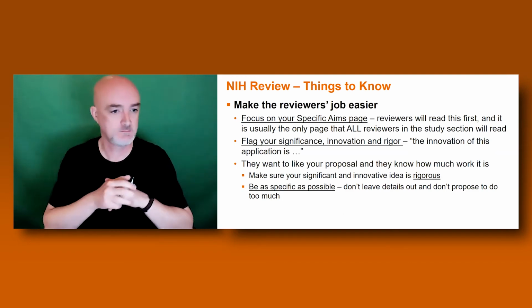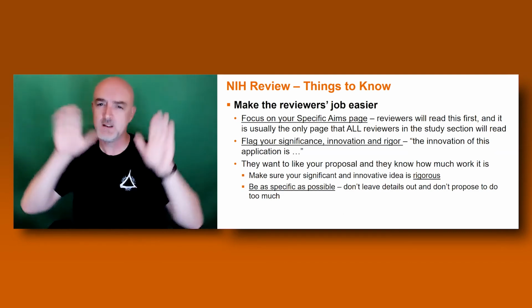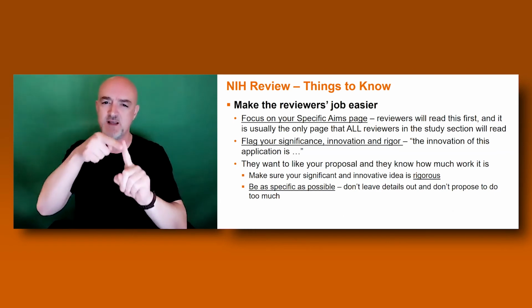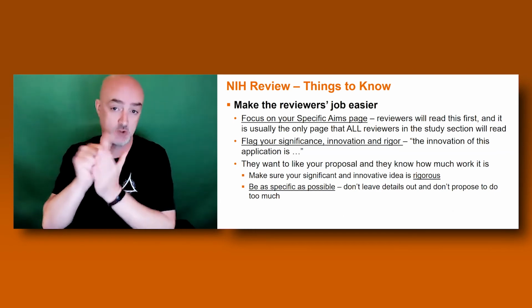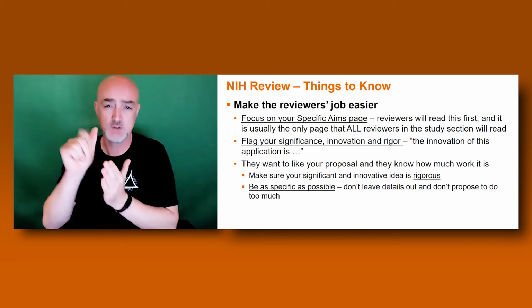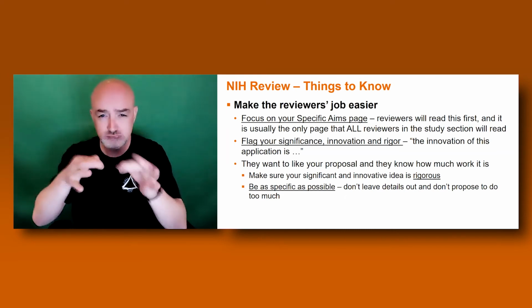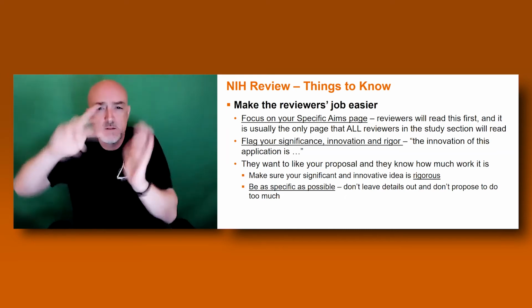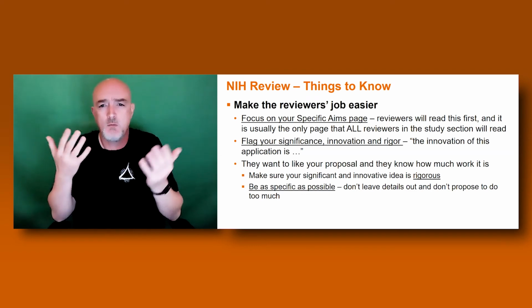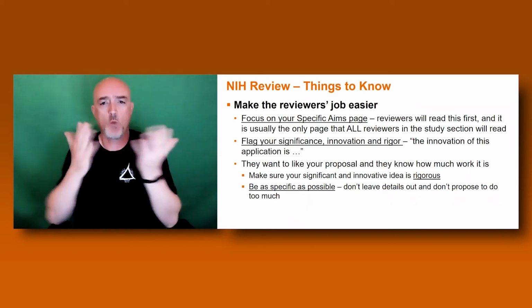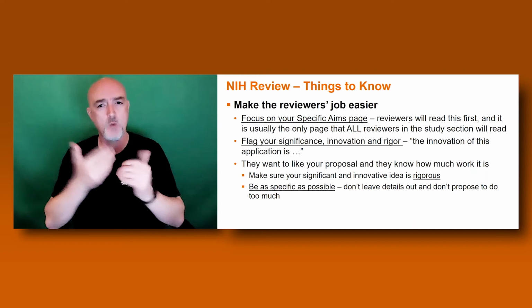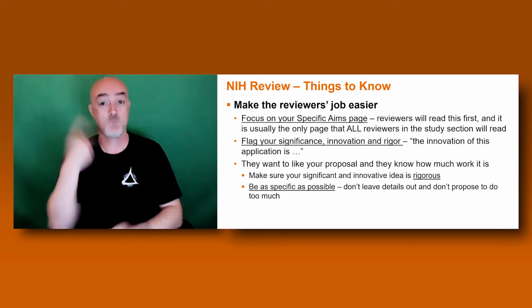So when we think about this, let's make the reviewer's job easier. Here are some categories about ways that we can focus. One of those things is to focus on your specific aims page, again, because this is what reviewers read first. What's the intent of the application? What are my goals of what I want to see accomplished, and how do I achieve them?